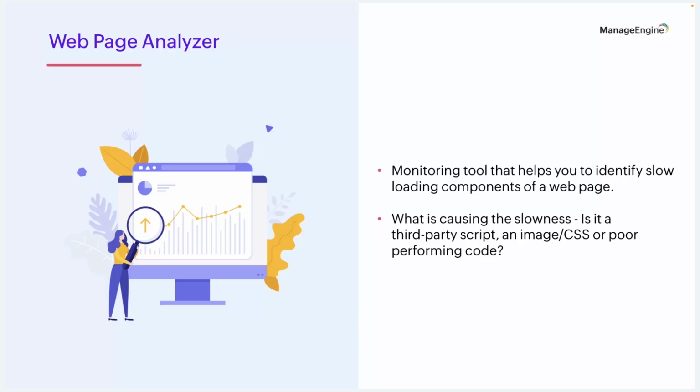So with the help of Web Page Analyzer, you'll be able to track the response time and domain summary. You'll be able to gain page speed scores and suggestions. You'll be able to perform request tracking with the waterfall chart, which displays and tracks various components that render while loading the web page.